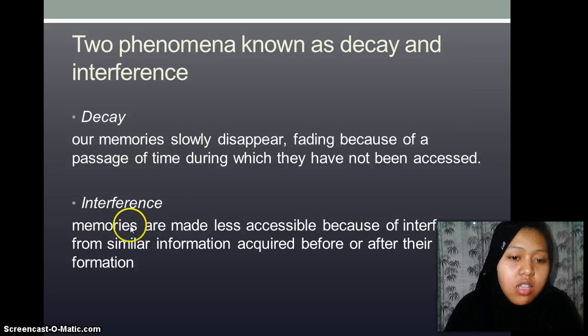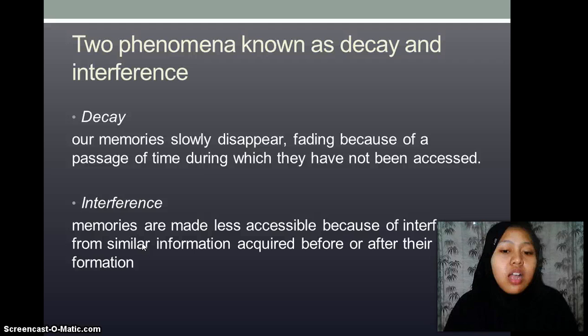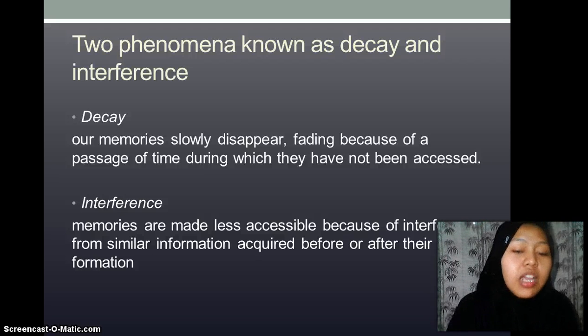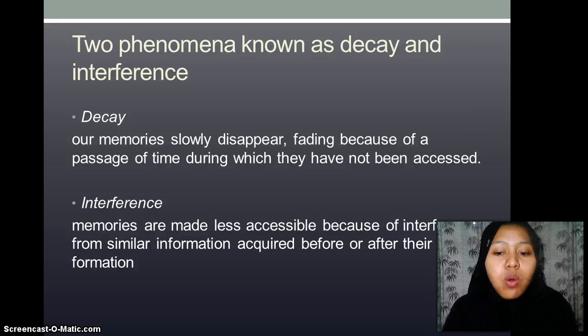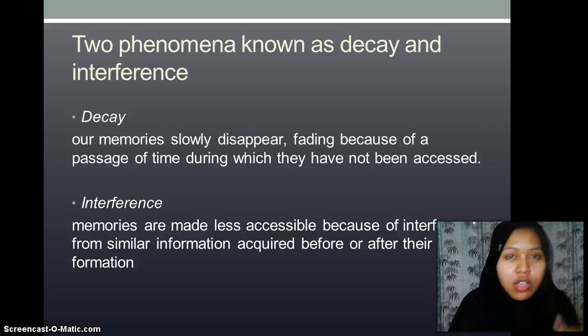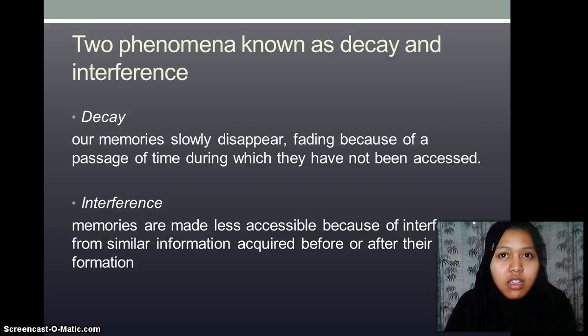The second is interference. Memories are made less accessible because of interference from similar information acquired before or after their formation. In our beach example, this means that instead of waves slowly corroding the message, a child comes along and writes over it. This makes the message harder or even impossible to read.